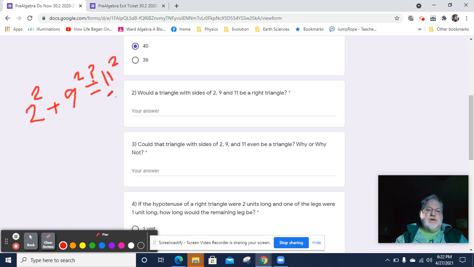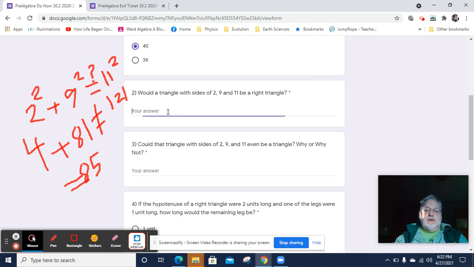Well, 11 squared is 121. 2 squared is 4. 9 squared will be 81. And 4 plus 81 is definitely not 121, it's 85. So that would be a big nope. No, it wouldn't.